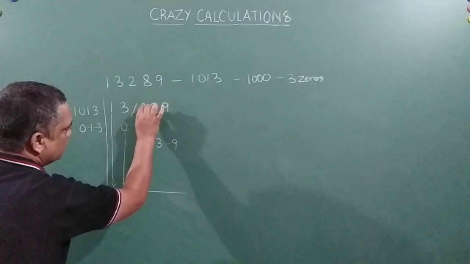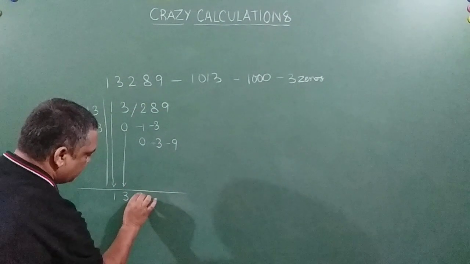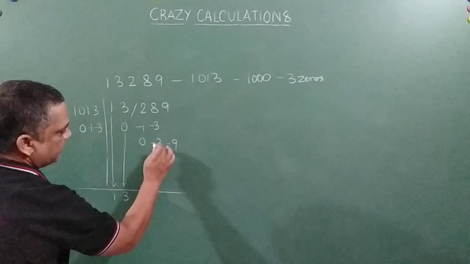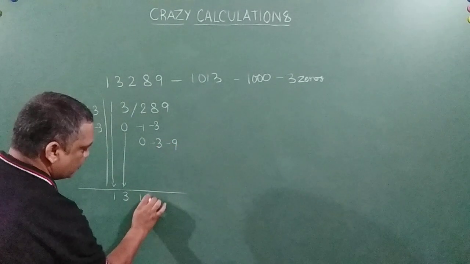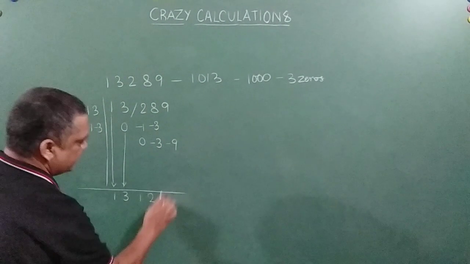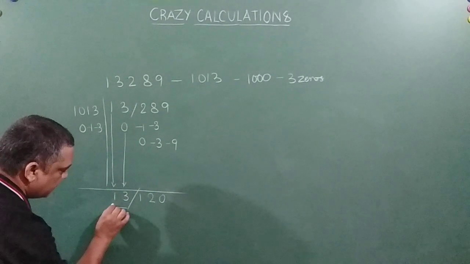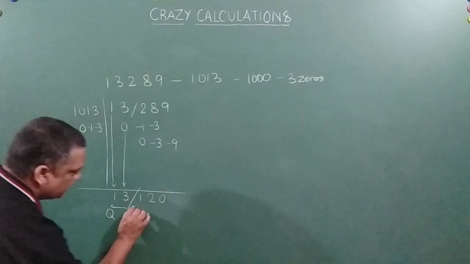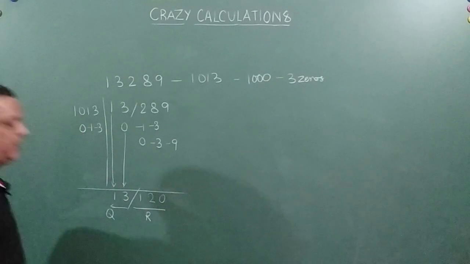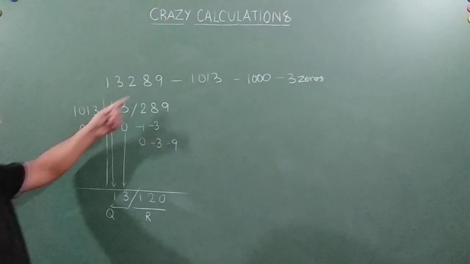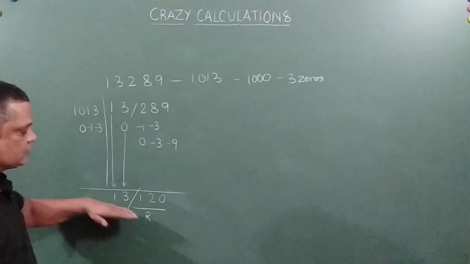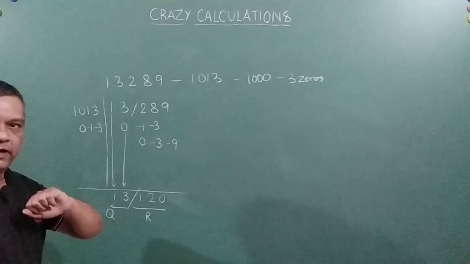Now, 2 minus 1 is how much? 1. 8 minus 6, that is equal to 2. 9 minus 9 is equal to 0. Put an oblique line here. Left hand side is my quotient and right hand side is my remainder. So when you divide this by this, you get 13 as quotient and 120 as remainder.